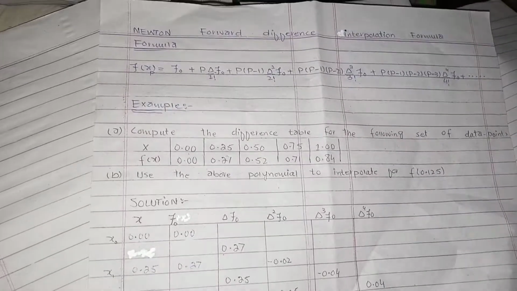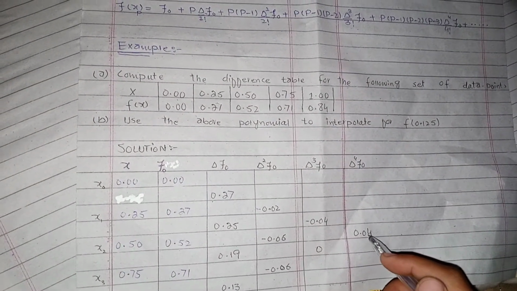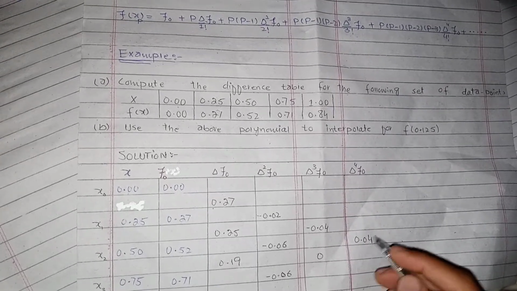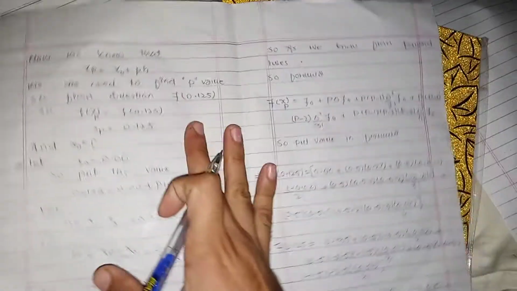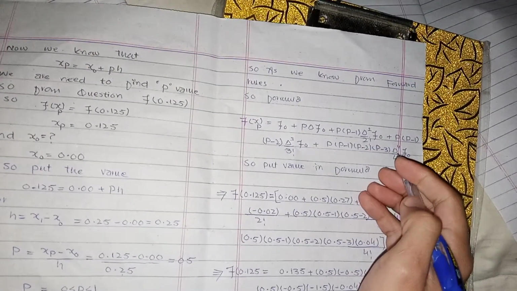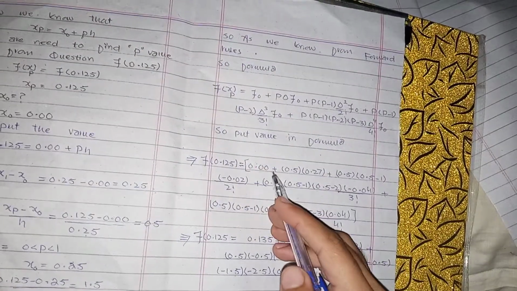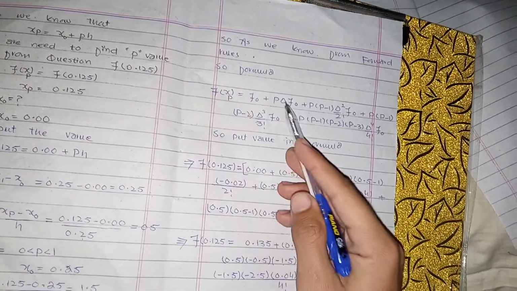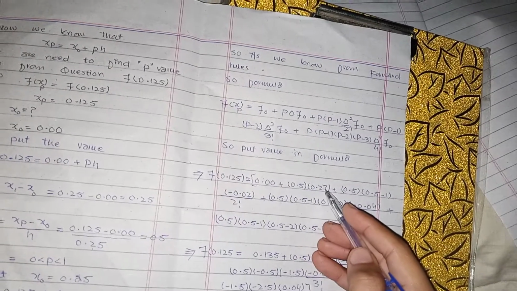From here you can see that all the values finish at delta 4, because delta 4 gives us just one value, and there are no other values to subtract from that. So we will limit our formula to delta 4. Then I put in all the values: as we know, the value of phi is 0.5, so I put in 0.5 and 0.27.